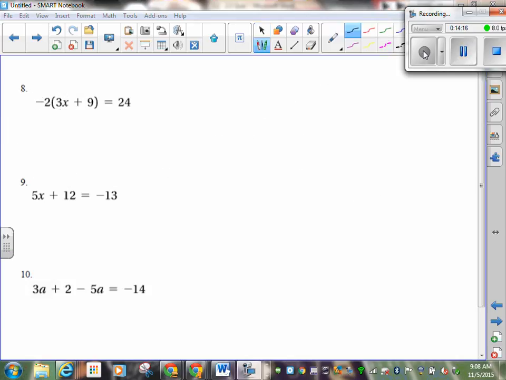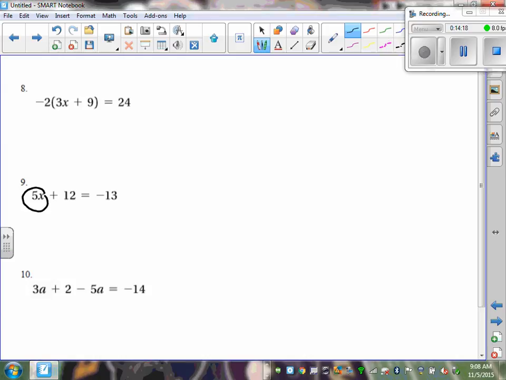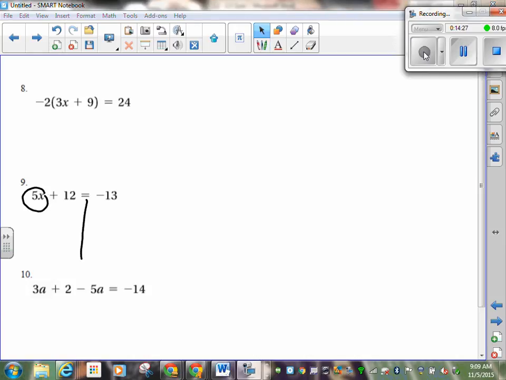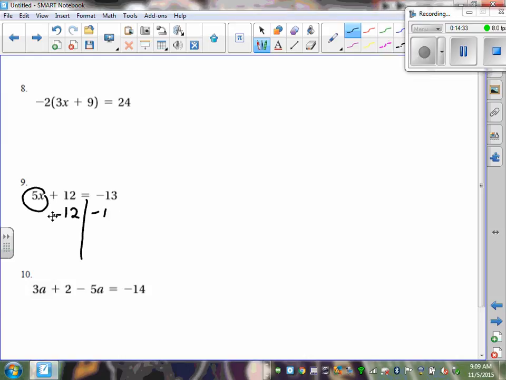Number 9. Circle, draw my wall. What's next to the circle? Plus 12. All right. 5x plus 12. What's next to the circle? We have the minus 12 to both sides. This cancels. 5x equals, and I know some of you were thinking, oh, there's a negative and a negative.